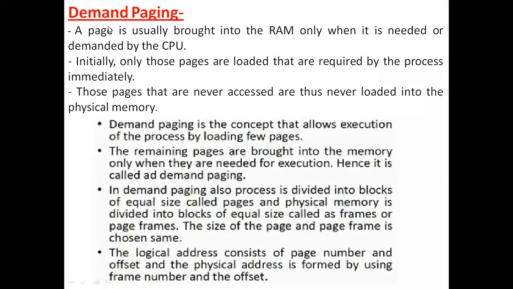The blocks in the program or process are called pages, and the blocks in the main memory or RAM are called page frames. So in demand paging, only the required pages will be loaded. Understand this, right?